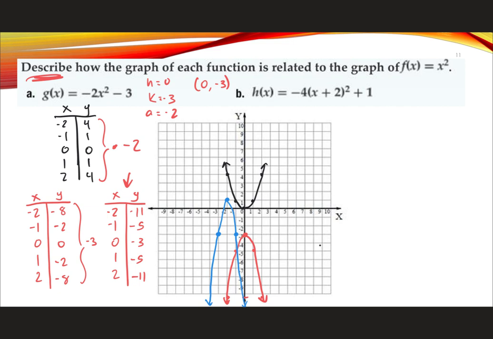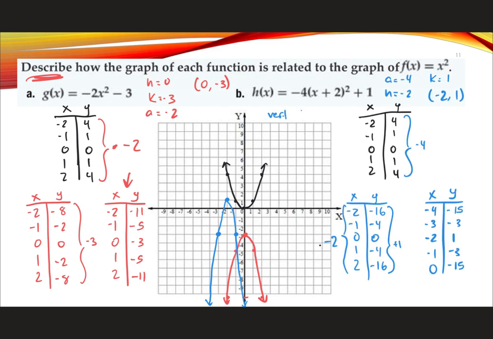We have A, H, and K. So we're going to have a vertical flip and stretch of -4. Then we're going to go left 2 and then up 1. So those would be your descriptive words. If you were asked to describe, that would be what you would say.